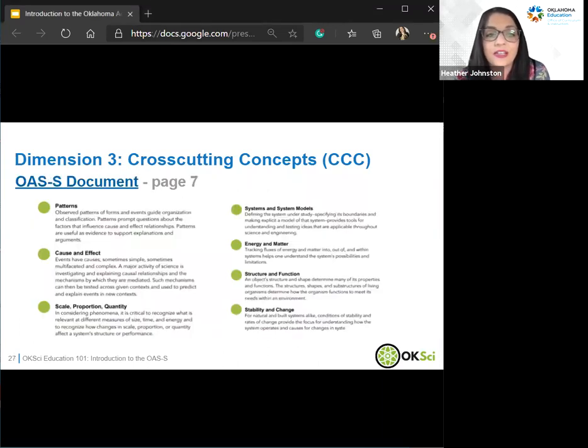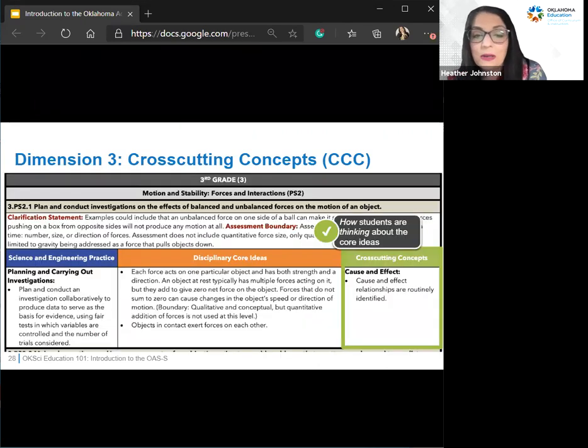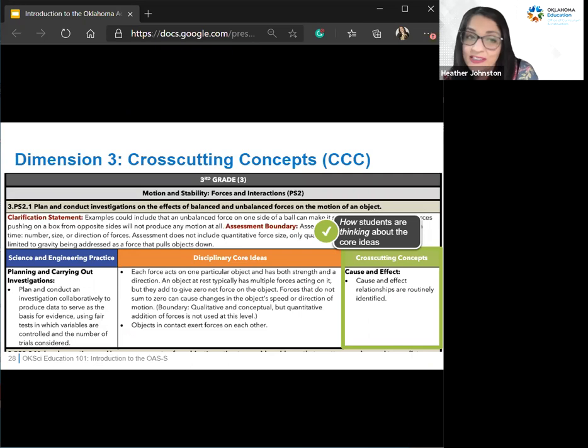The 7 cross-cutting concepts are described within the standards document. So if you were just curious about the general descriptions of each of the concepts, you could find that there. But what is applied to your grade level is found in that standards document.